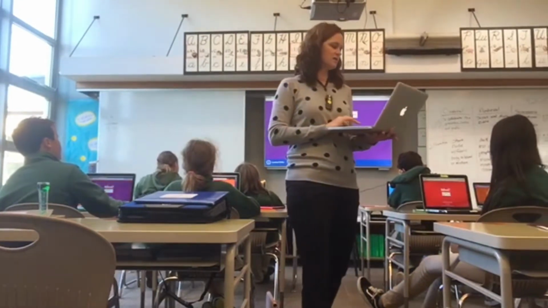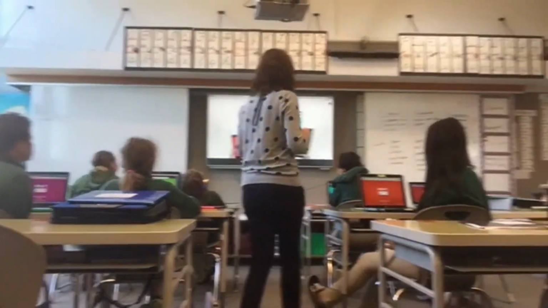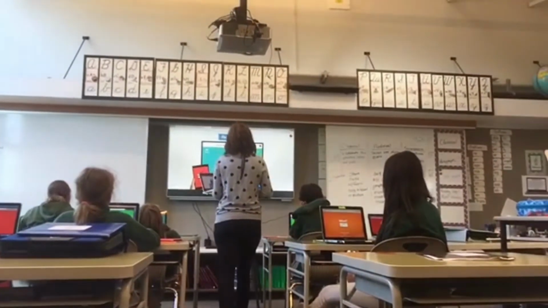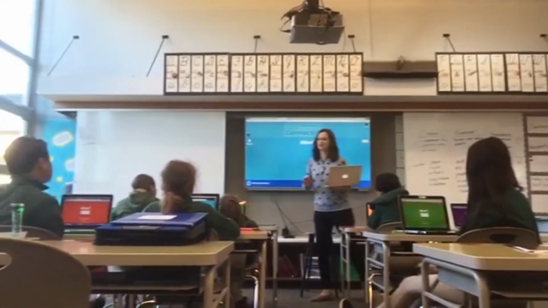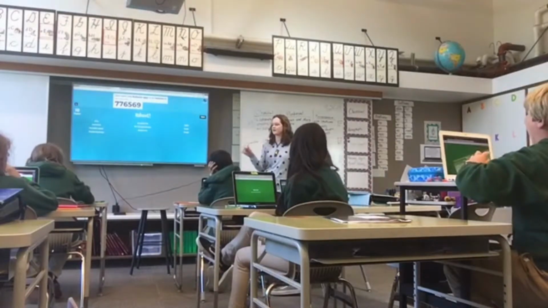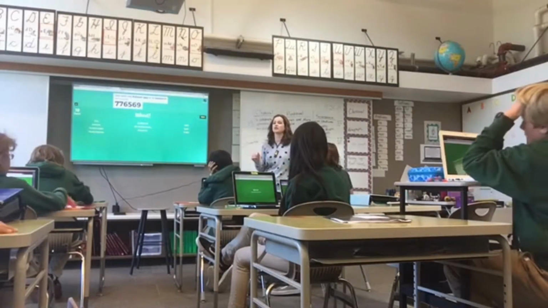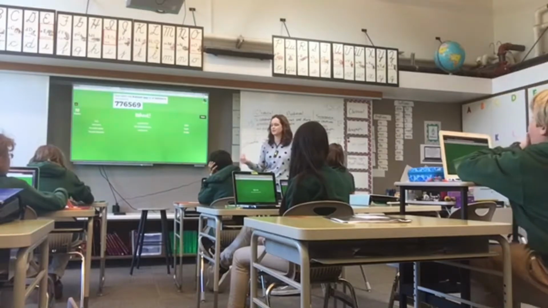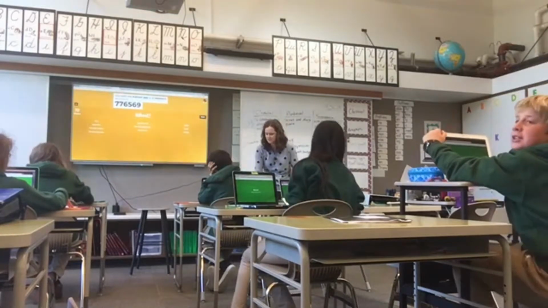Are we ready? Okay, here we go. Here is your game pin. If you need to, you may reference the information we looked at earlier that is in your interactive notebooks to check your answers.